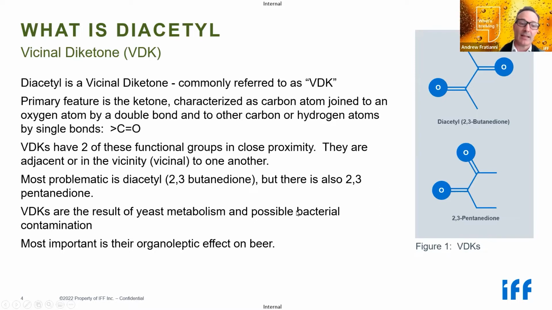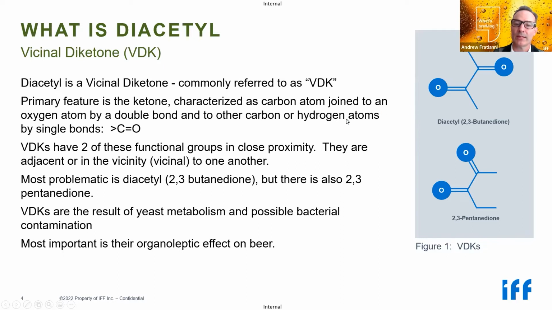Now, VDKs have two of these functional groups, and they're in close proximity to one another. If you look here on the right, you have oxygen with a double bond joined to carbon, and another oxygen with a double bond joined to carbon. So it's two ketones, a diketone, and they're close to one another, or in the vicinity.